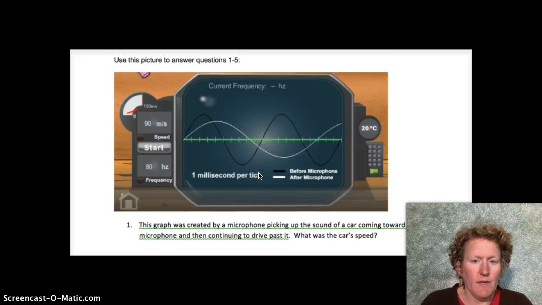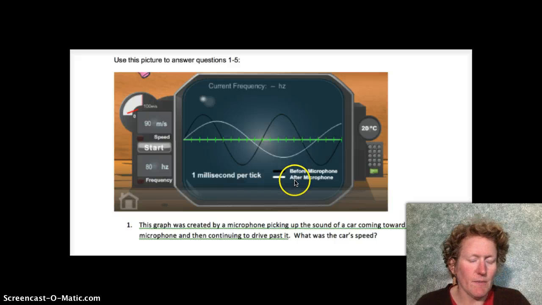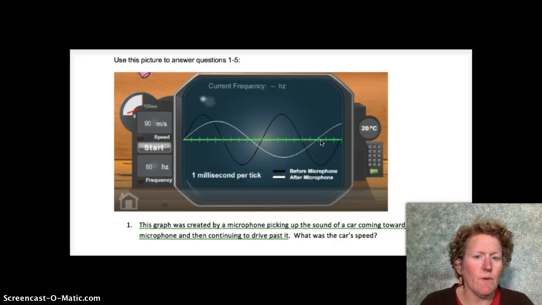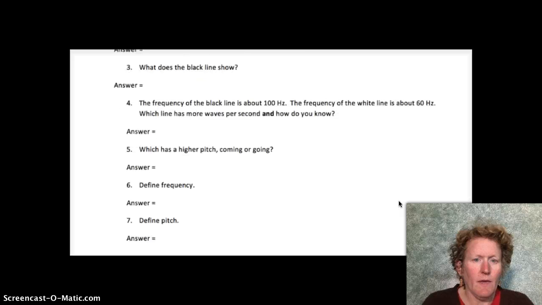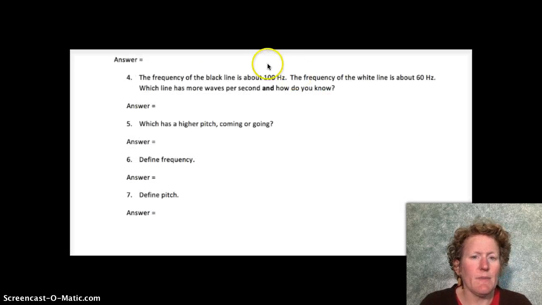Well, they have a key right here. The black line is before the microphone, and the white line is after the microphone. You can see there's a difference in wavelength and a difference in frequency. The frequency of the black line is about 100 Hertz, and the frequency of the white line is about 60 Hertz.